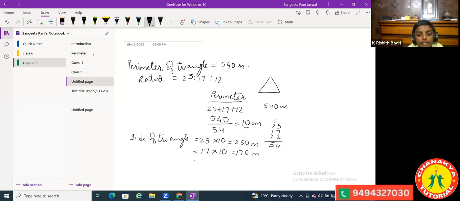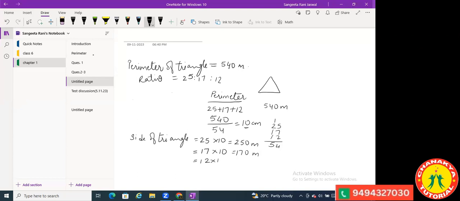Ma'am, why do we need to multiply with 10? Why do we need to multiply with 10? Because see, these were the ratios. These were not actually the sides which were given. So to find the side, ratio is something, suppose if I have 4 divided by 8 and I have 1 by 2.